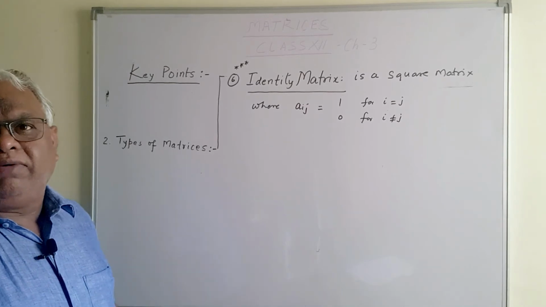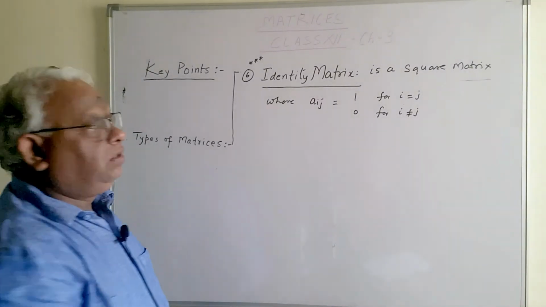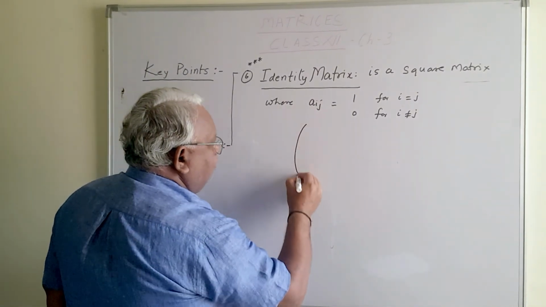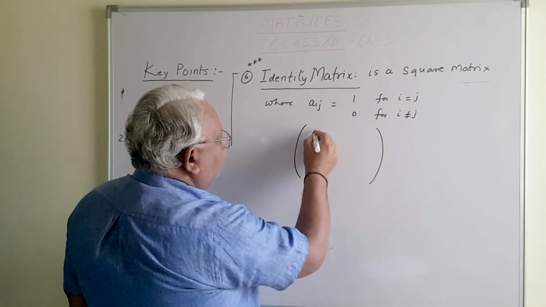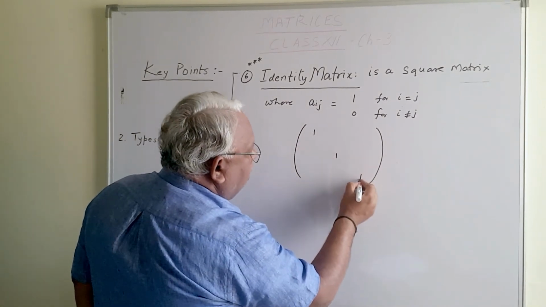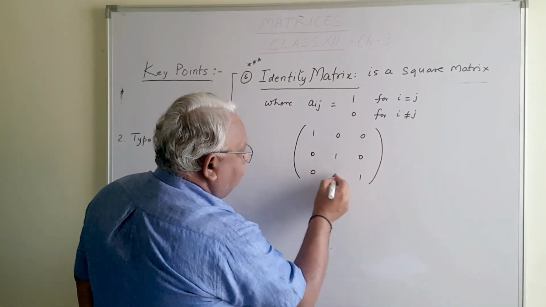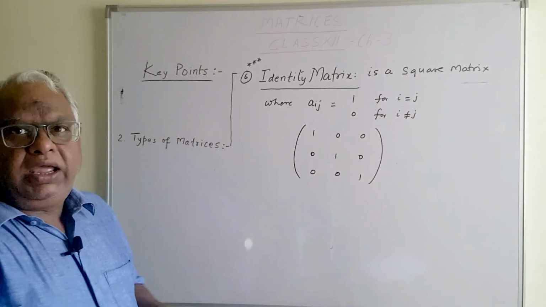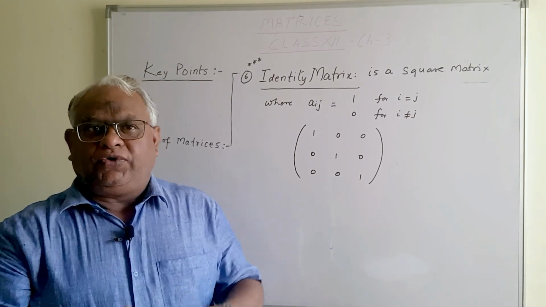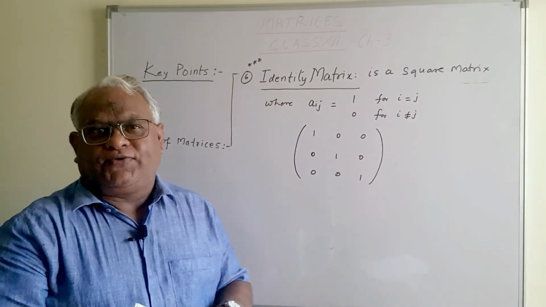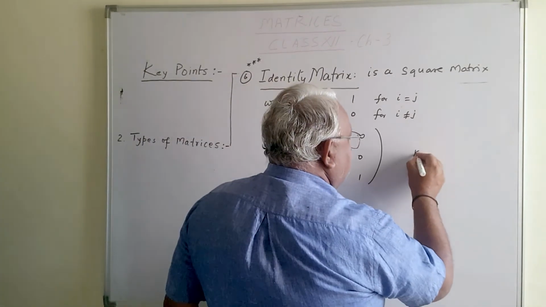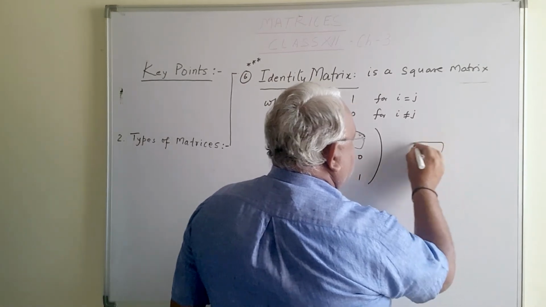By now you must have understood everything. It will look like this in 3 cross 3. 1, 1, 1, rest you fill with 0. So you can understand that every identity matrix is a scalar matrix where K is 1.